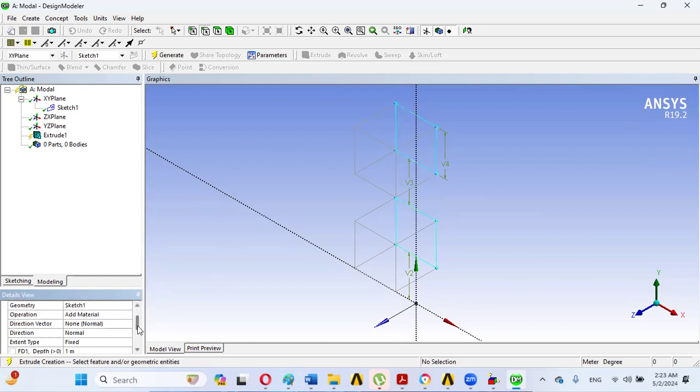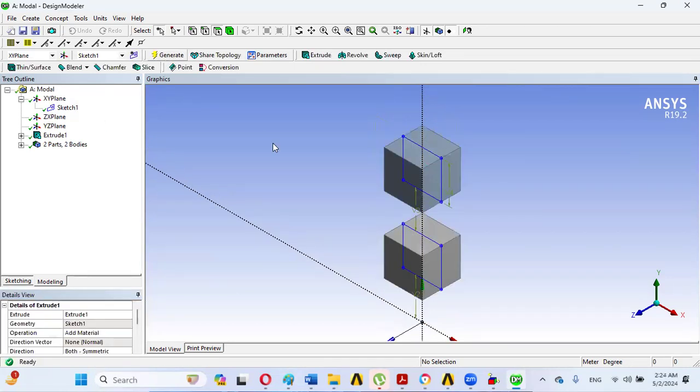The x direction will be symmetric, and we can take the extrusion depth to be 0.5 meters, so that simple cubes are made, each having dimensions of 1 by 1 by 1. So unit cubes have been created for the two masses.